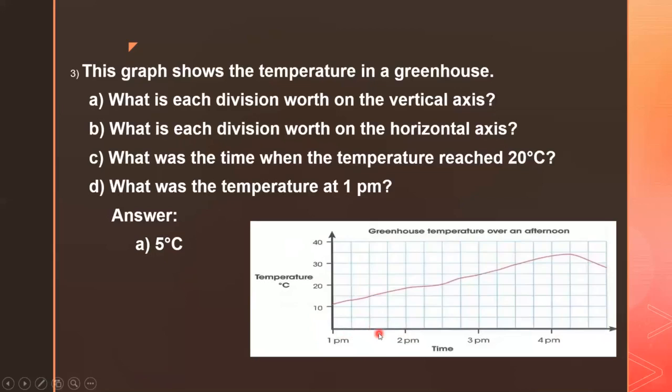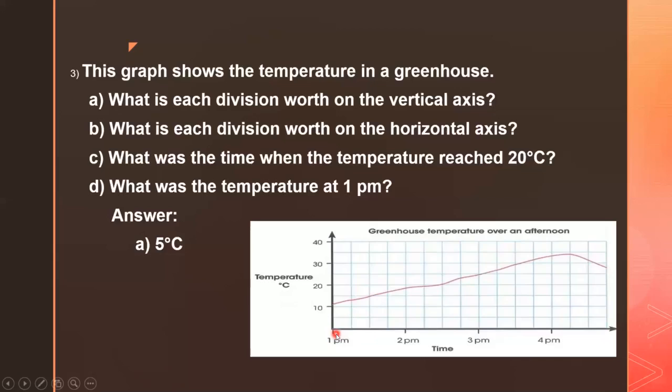So you know that 1 hour is 60 minutes. So how have the 60 minutes been divided here? If this is 0 minutes or 1 p.m., then this is 1:15, 1:30, 1:45, 2 p.m., 2:15, 2:30, 2:45, 3 p.m., 3:15, 3:30, 3:45, 4 p.m., and so on.